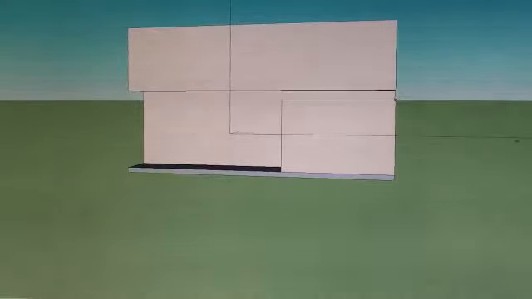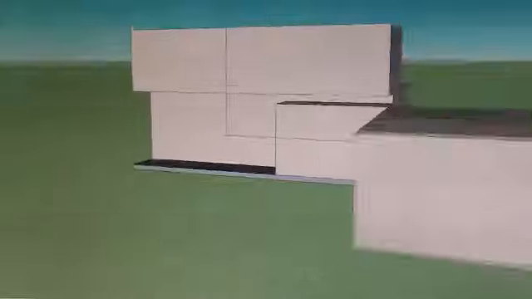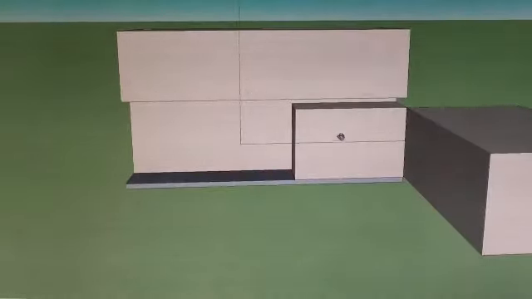So if it sits out here like this, and we give it some depth, let's pull it forward and rotate it around. So we have a bi-level with a built-in garage and an attached garage, okay? But the bi-level itself is always 2 stories, and it is always on a slab.